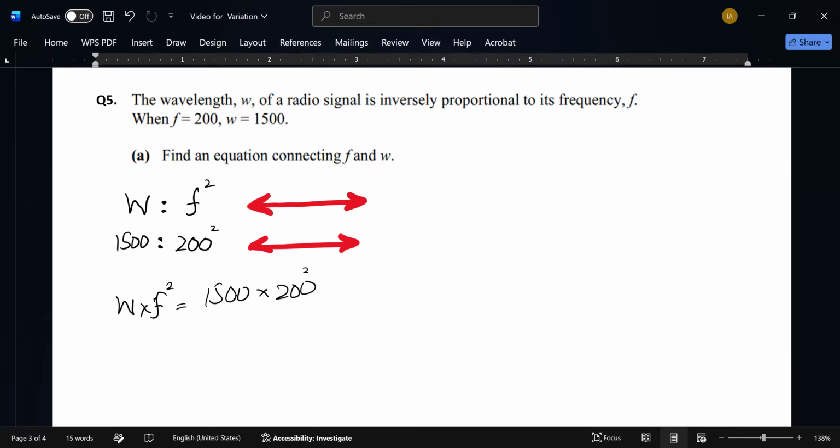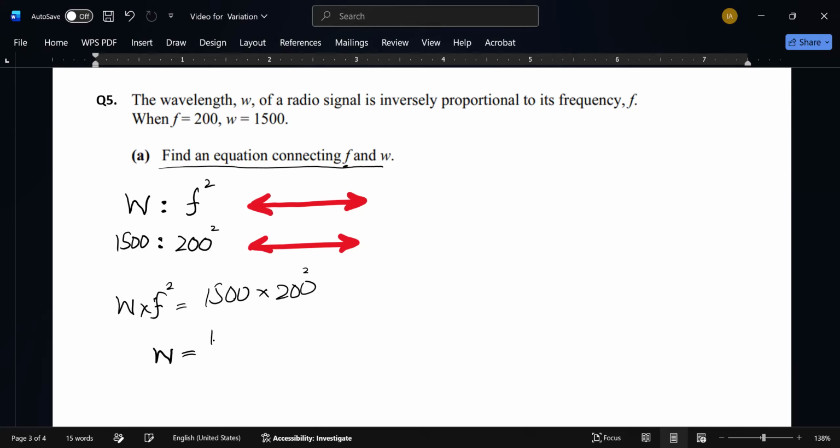Okay, let's start working. It says find an equation connecting F and W. It means you can make anything the subject. You can make W the subject, you can make F the subject. So it's better to make W the subject.